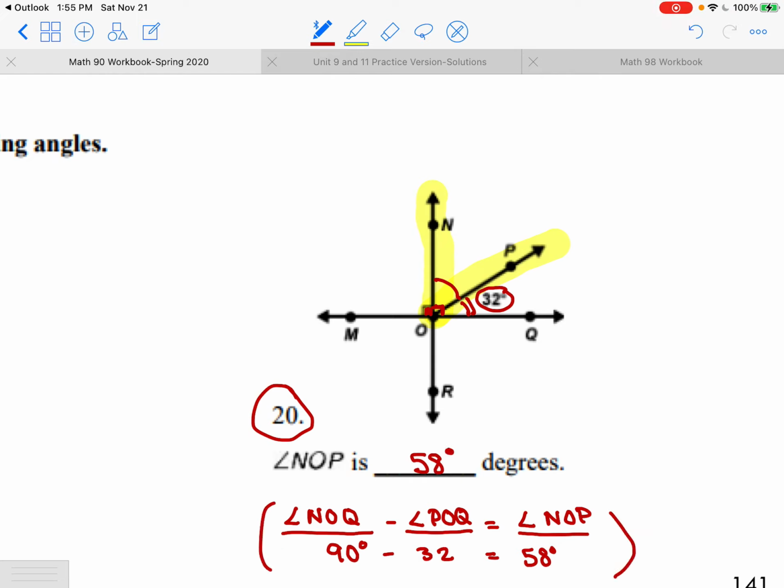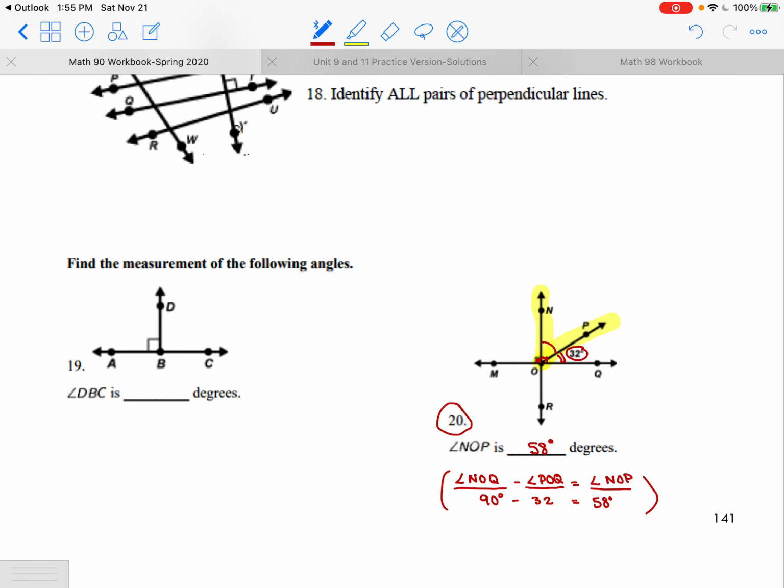Down here is the work that we can show. You may show your work a little differently than me, and that's okay, as long as you're showing how you're finding it. I really want you to get in the habit of setting up an equation. Look for those relationships and set up your equation using your relationships or your identities.